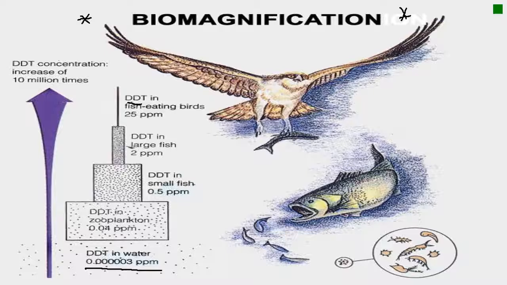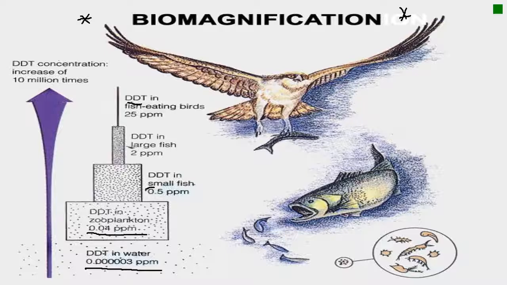But what happens is that when the zooplankton drinks all that water, the zooplankton is actually taking in a lot of DDT because there's so much of it in the water, right? So the concentration of DDT in zooplankton increases. Well, the small fish eat a whole bunch of zooplankton, which means they're getting even more DDT, right?